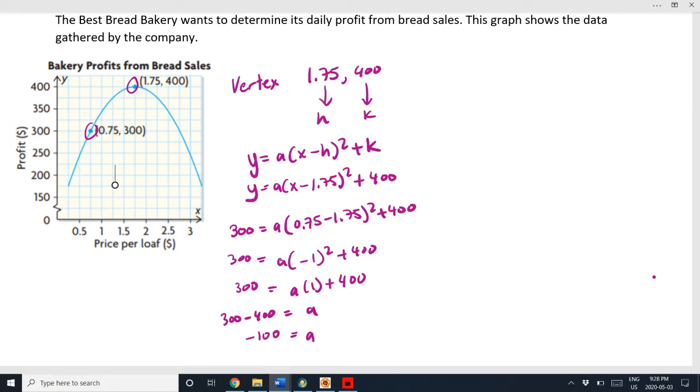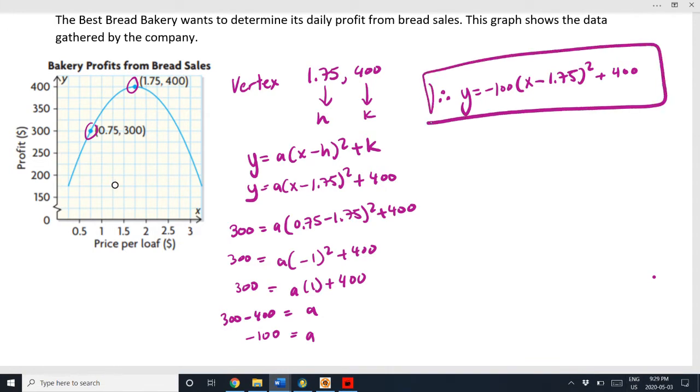Therefore, we can conclude our total equation. So now we know what a is. Our total equation is going to be y is equal to negative 100 bracket x minus 1.75 close bracket squared plus 400. And this would be our final answer here. So let's recap our steps.